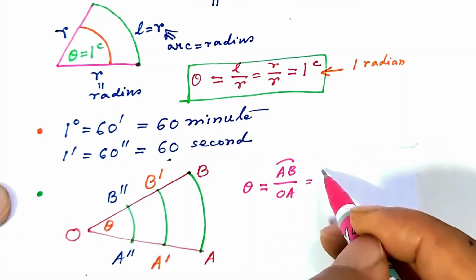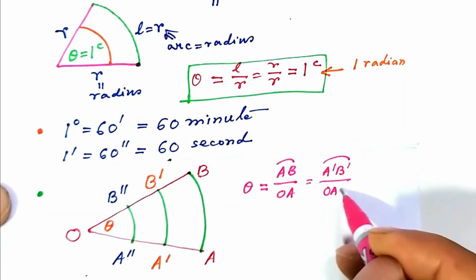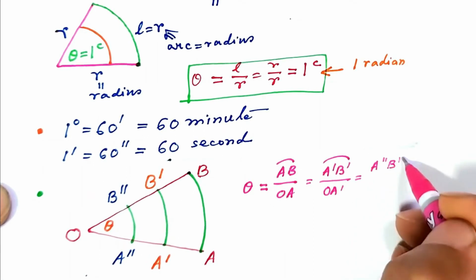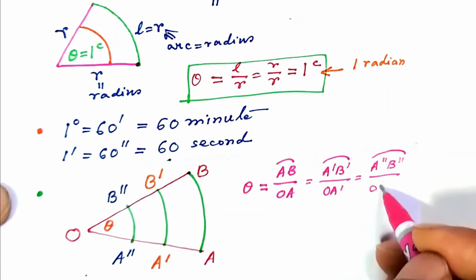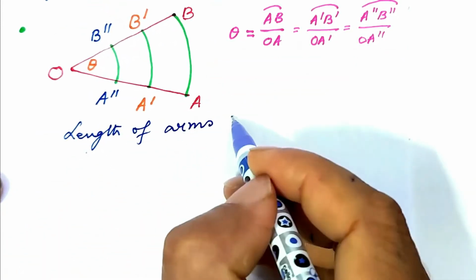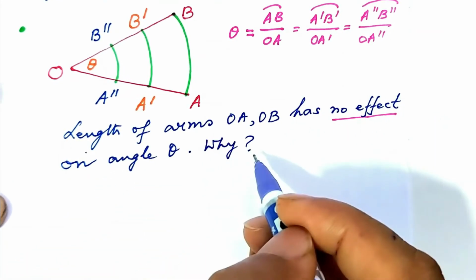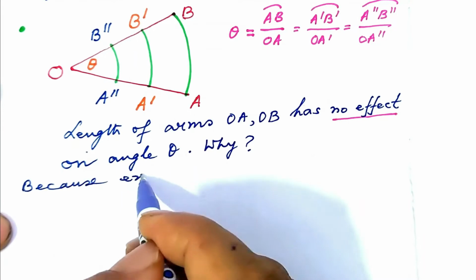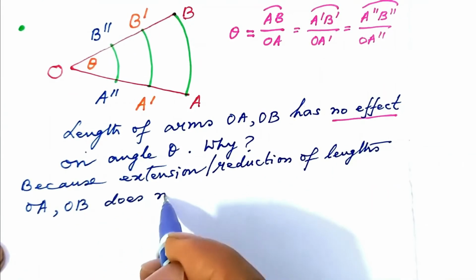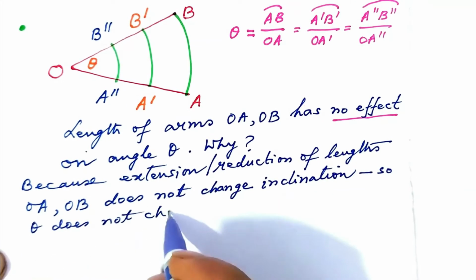This is the same as the ratio arc A prime B prime divided by radius OA prime. This is again equal to arc A double prime B double prime by OA double prime. Clearly, length of arms OA, OB has no effect on angle theta. Why? This is because extension or reduction of lengths OA, OB does not change inclination. So theta does not change.